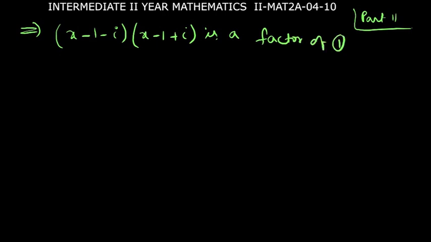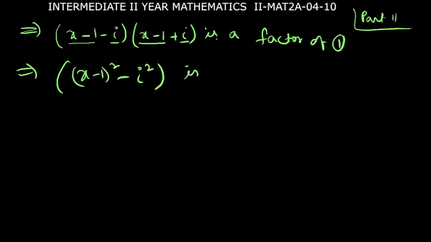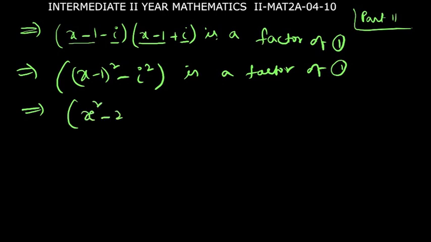Okay. What is this? Let this be A, let this be B. A minus B into A plus B is A square minus B square. Okay. Is a factor of 1. What does this imply? A minus B whole square formula. x square minus 2x plus 1 minus of minus 1 is a factor of 1.